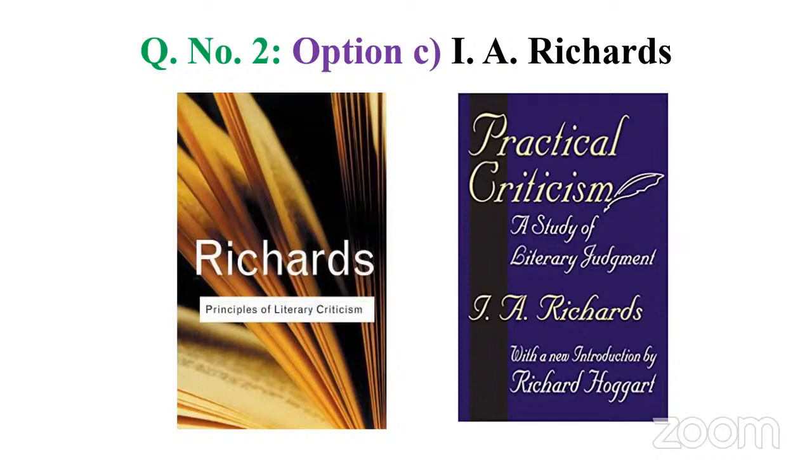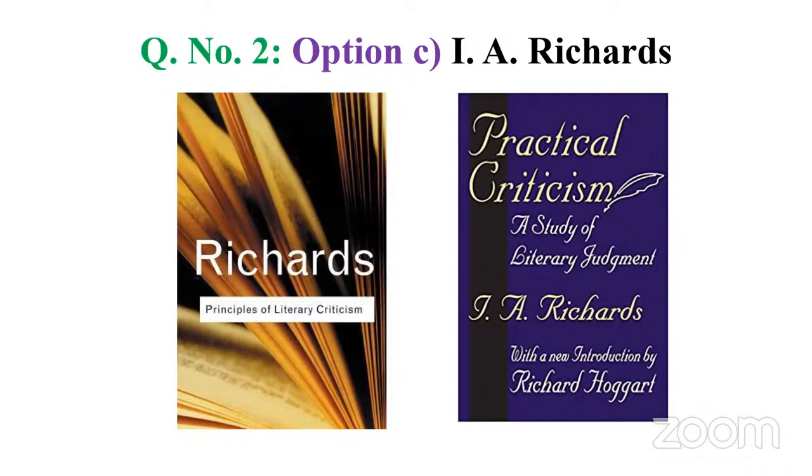And in this book, we also have this often discussed essay, The 4 Kinds of Meaning. Sometimes they simply ask, what are the 4 kinds of meaning? So you have to go and check out that essay. By the way, the 4 kinds of meaning are sense, feeling, tone, intention. Sometimes they might ask, which of the following are the 4 kinds of meaning discussed by I.A. Richards in his essay?